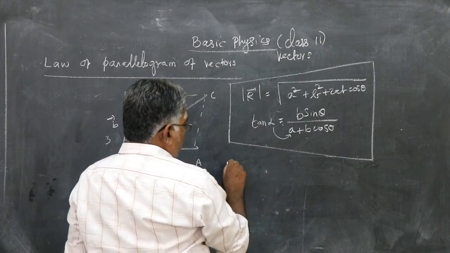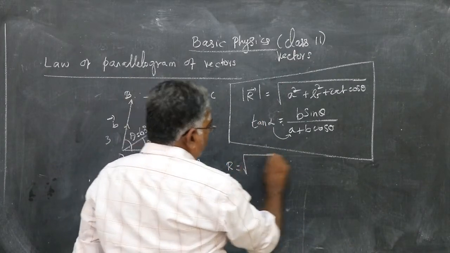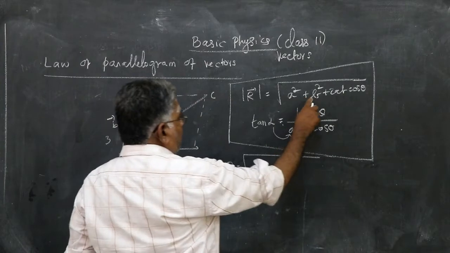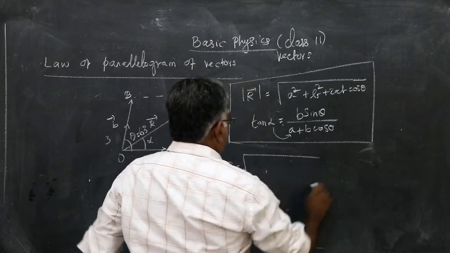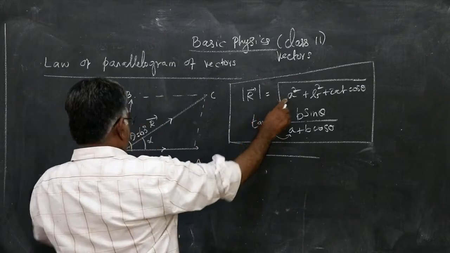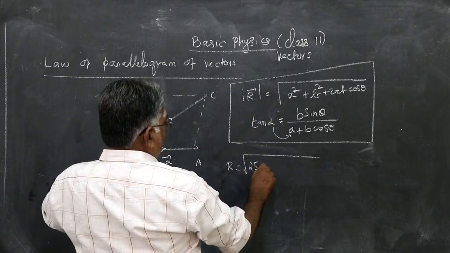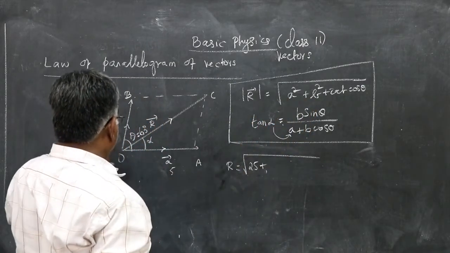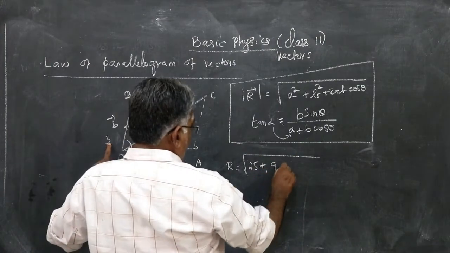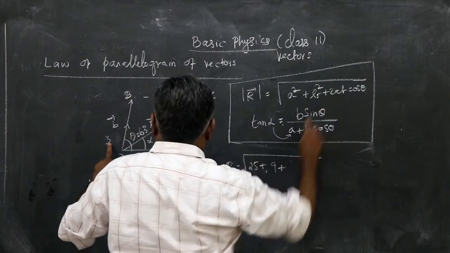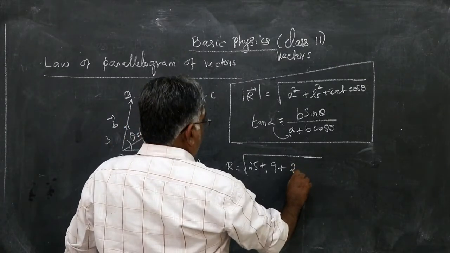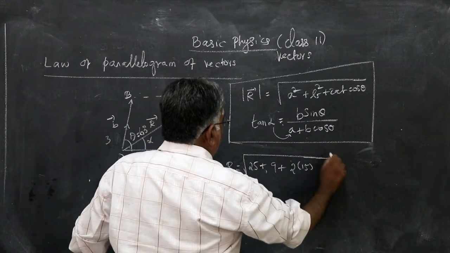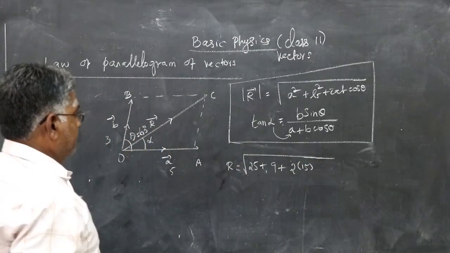Magnitude of the vector R is equal to root of A square plus B square. Root of A square 25 plus B square 9, plus 2AB, 2 into 5 into 3, 2 into 15, cos 60.